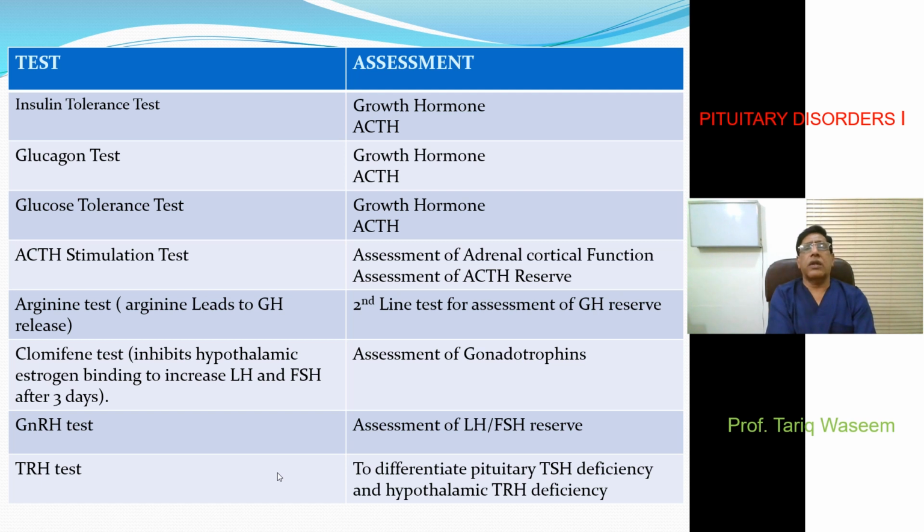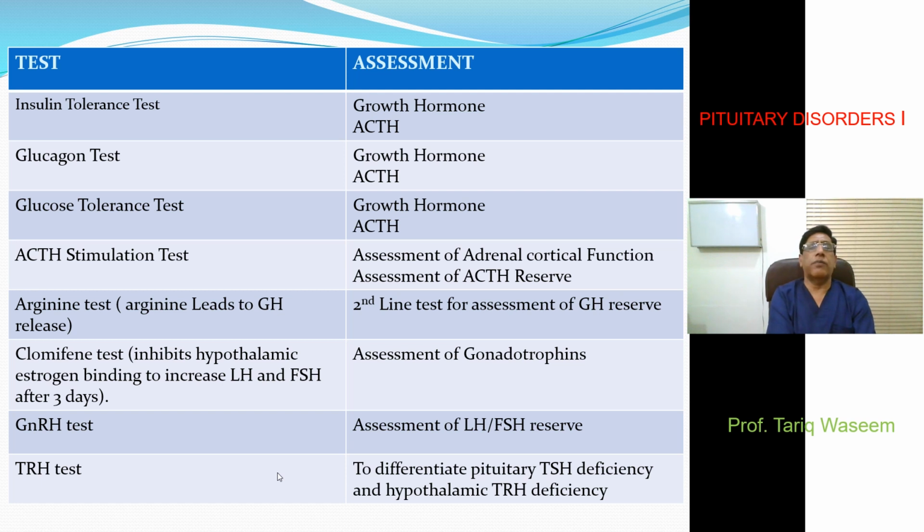Now, these are the various effects which can tell us the assessment of the gland. Giving someone insulin would produce hypoglycemia, right? And hypoglycemia, a low sugar level, is a signal for the pituitary to produce more growth hormone and more adrenocorticotrophic hormone to compensate for the hypoglycemia.